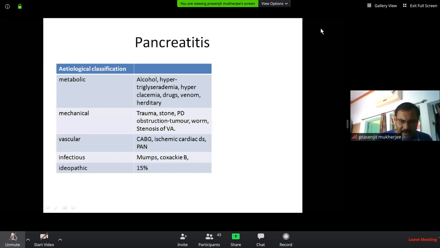Mechanical pancreatitis develops due to trauma. It can develop due to stone. Stone is usually gallstone.